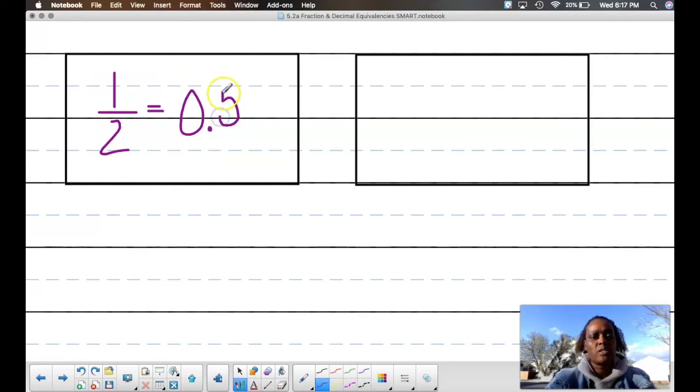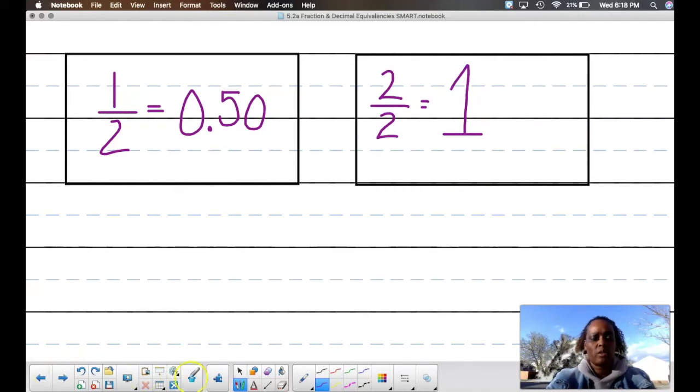The money just helps us to think about what the decimal will be. And then if we had 2 of the sections with all of the money in it, so 2 50 cents, that would equal the whole dollar. Because remember, our whole was our dollar.